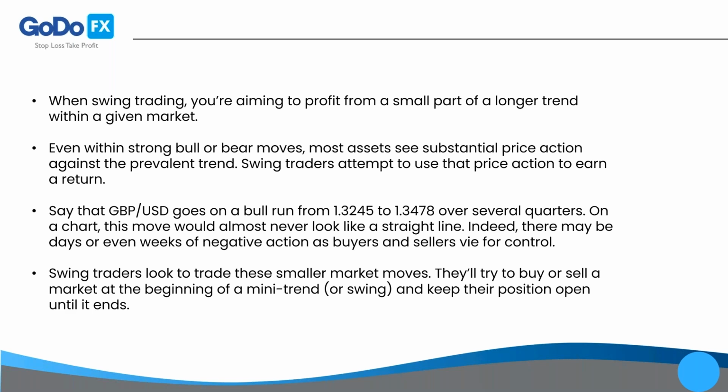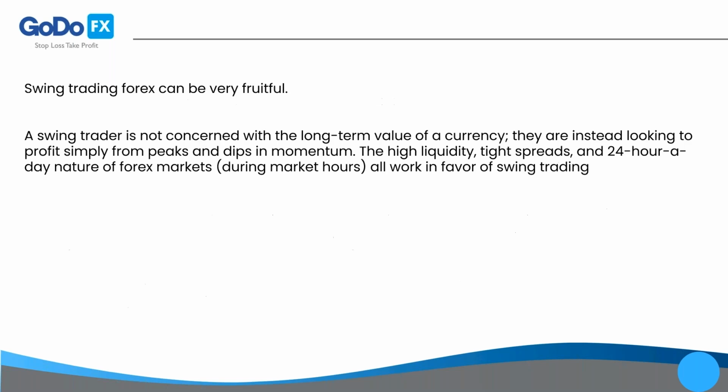Indeed, there may be days or even weeks of negative action as buyers and sellers vie for control. Swing traders look to trade these smaller market moves. They'll try to buy or sell a market at the beginning of a mini trend, or what we call a swing, and keep their position open until it ends.